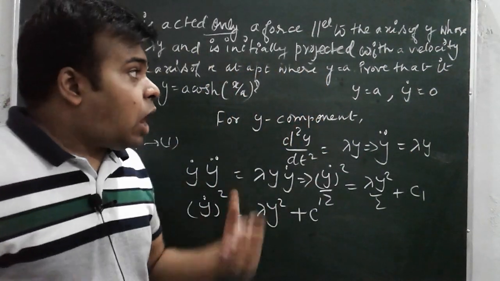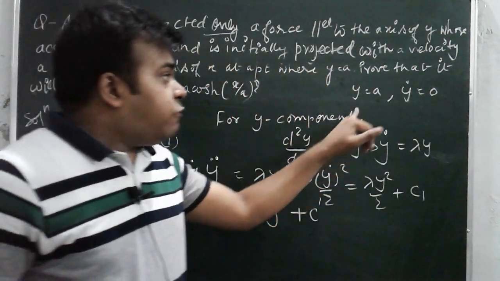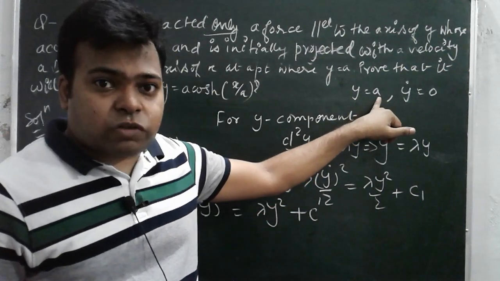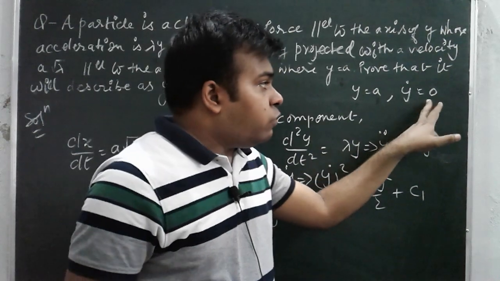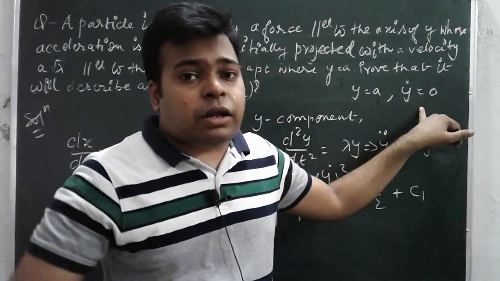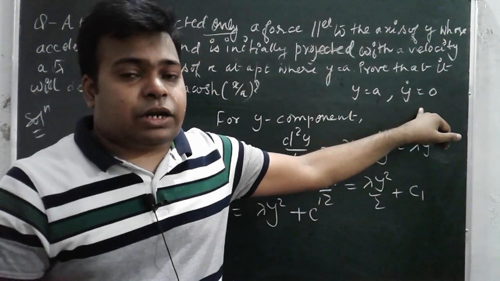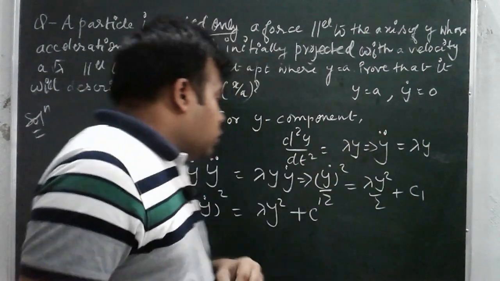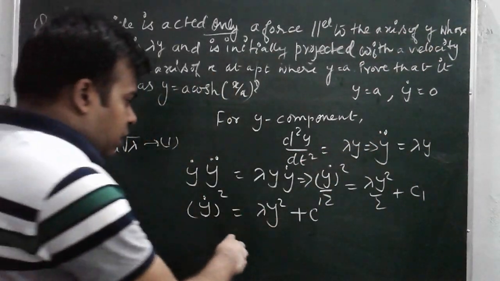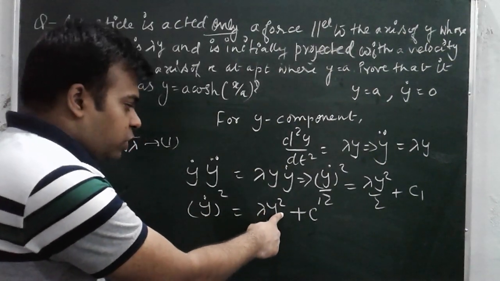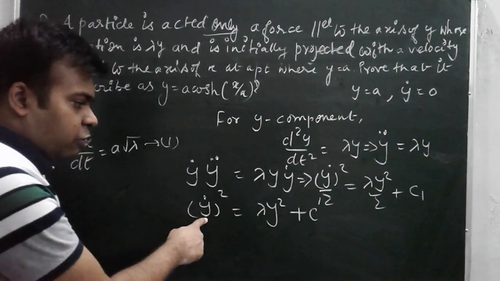Some of you are thinking how its velocity is 0. If we differentiate y equals a with respect to t, it will be 0 because a is a constant. So we come to know that the velocity in the initial y condition is 0. If we put y equals a here, we get lambda a square, and this will be 0.